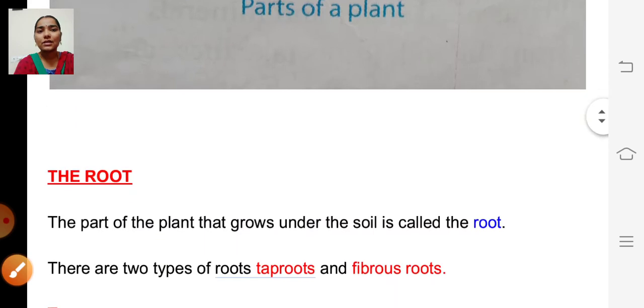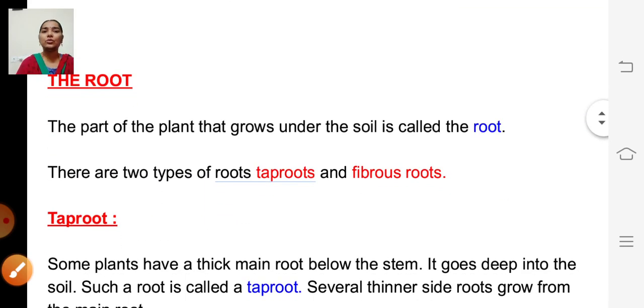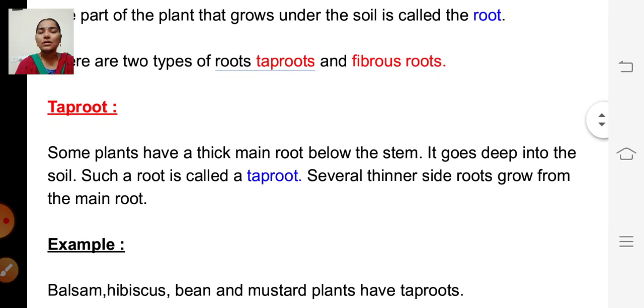Shall we read? The root. The part of the plant that grows under the soil is called the root. There are two types of roots, tap roots and fibrous roots. What do you mean by tap root? Some plants have a thick main root below the stem.